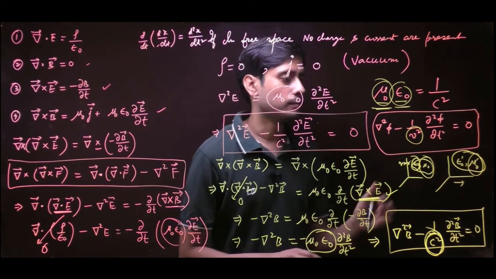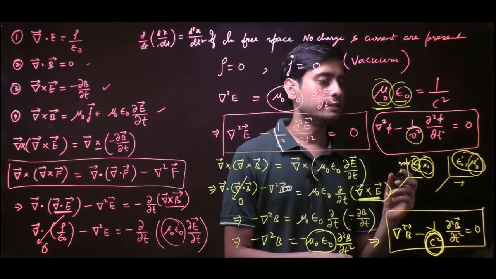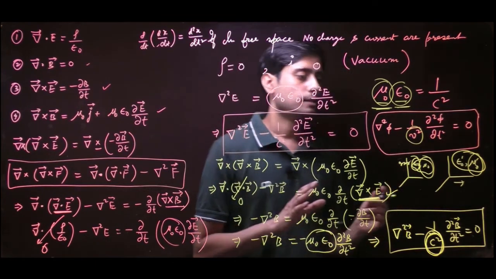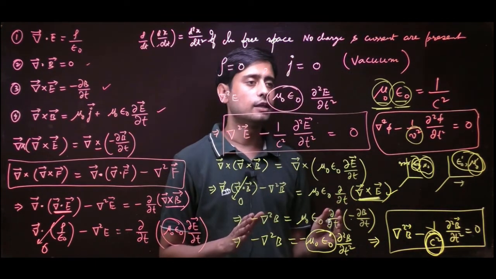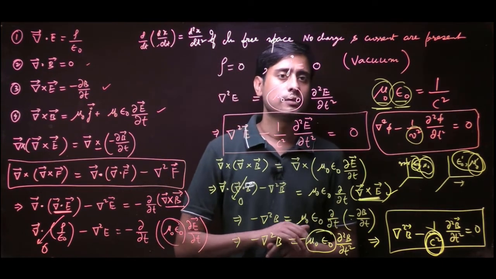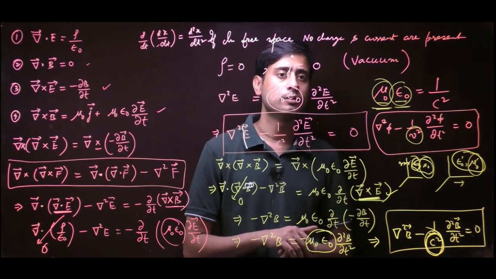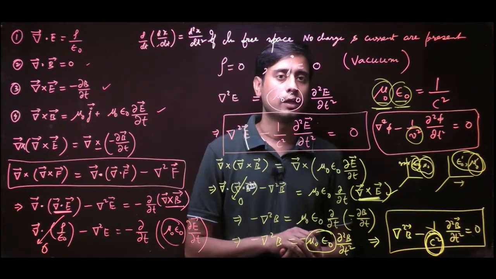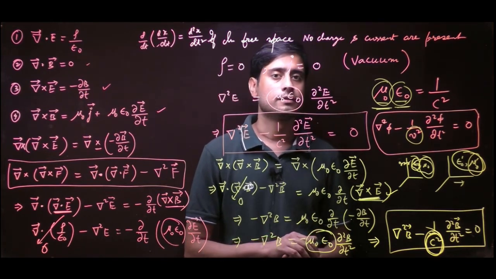So it seemed that if the speed of light c is the same for all observers, then there must not be any absolute reference frame like ether.